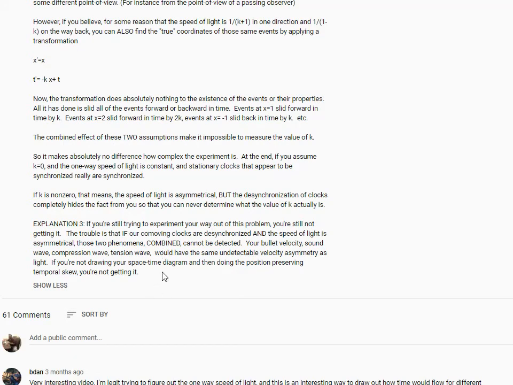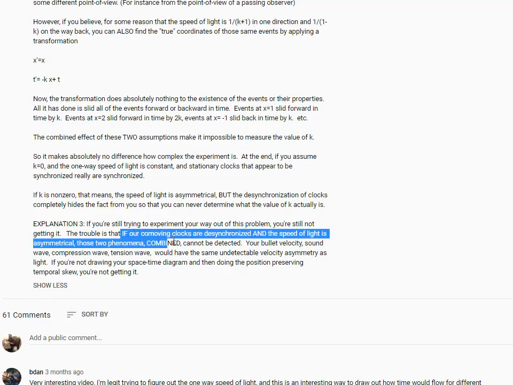The problem is that if our co-moving clocks are desynchronized, I should say if you've done the position-preserving temporal skew, you have done both of these two effects. The co-moving clocks are desynchronized and the speed of light is asymmetrical.